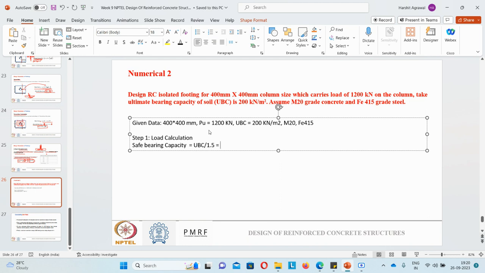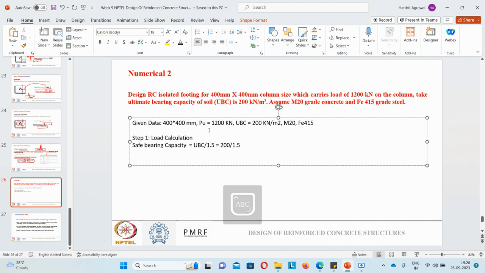So it will come out to be 200 divided by 1.5, which you can write for now like this. Okay, now what is the load that we need to consider? The load that we consider for design is the design load, plus we also need to take self weight of footing and the backfill soil.